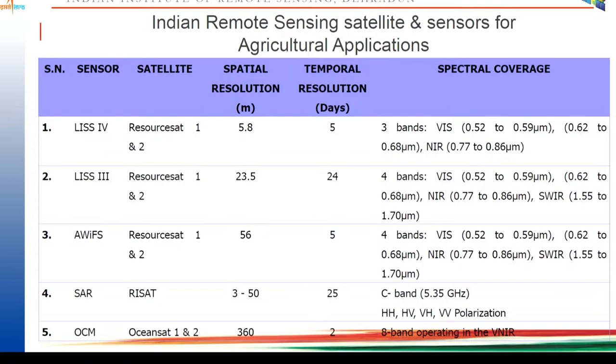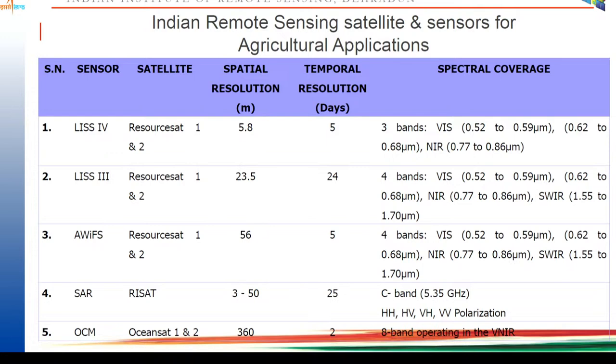But SAR data has the capability to see through cloud and is independent of weather conditions, so you are able to capture information about the Kharif crops. That is why SAR data is widely used for monitoring paddy crop growing condition and paddy crop yield estimation. It is operationally utilized in India for paddy crop monitoring.